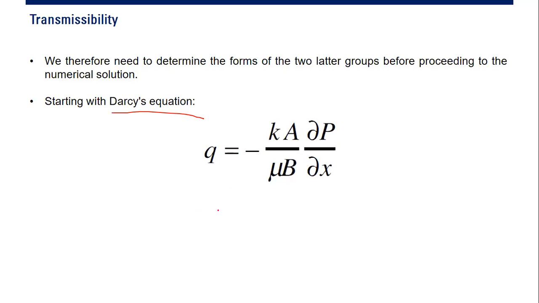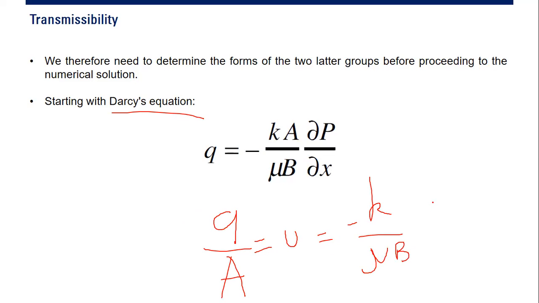By the way, if you rewrite flow rate divided by area, it equals velocity U. So you can also describe the Darcy equation like this, with the pressure gradient. We can use Q, flow rate, or U, velocity.